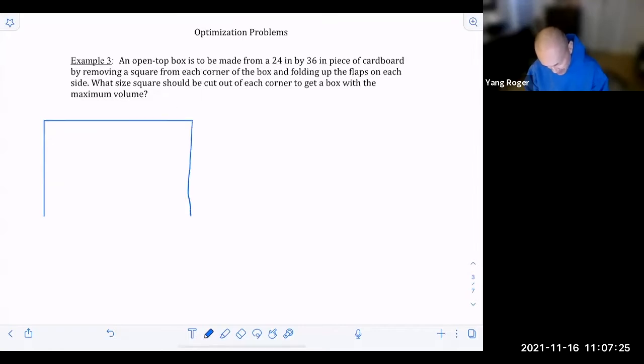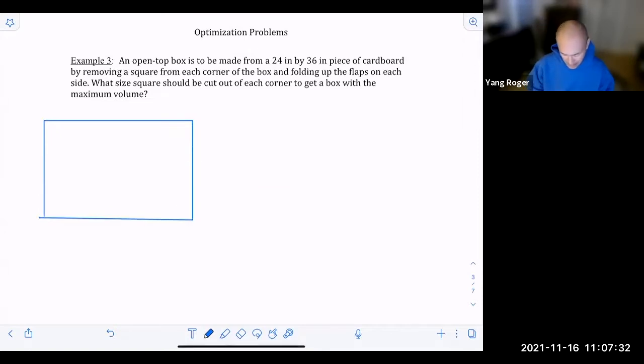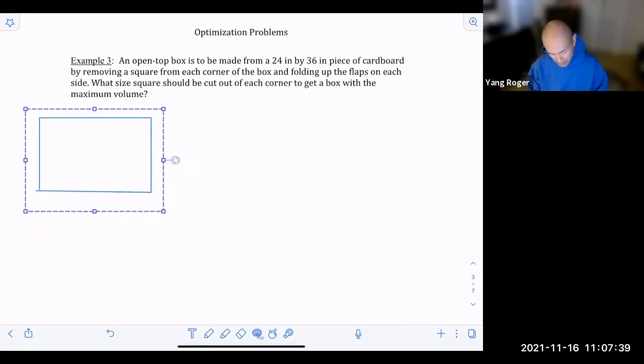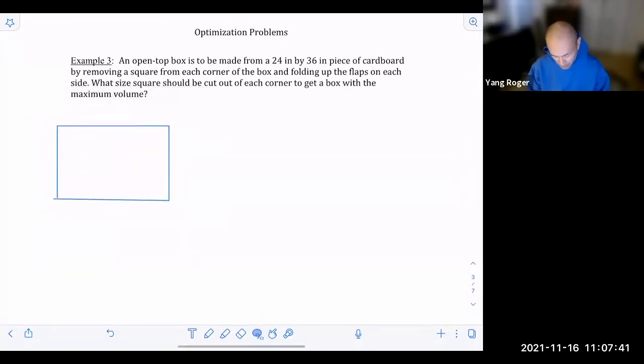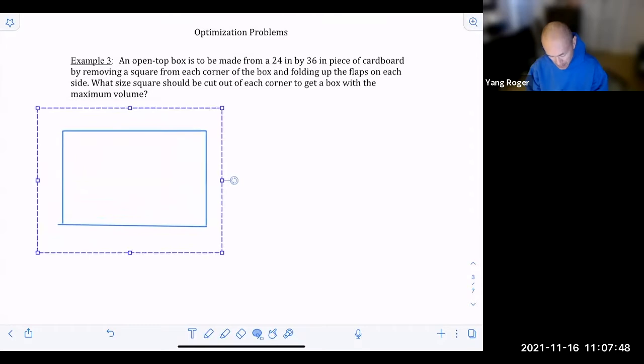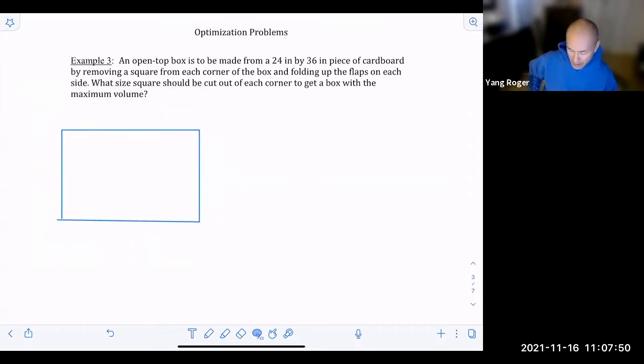I'll shrink it down in a second. Something like this. Okay, it's not perfect. And they also give us the dimensions. So like this is 24 inches and this is 36 inches.